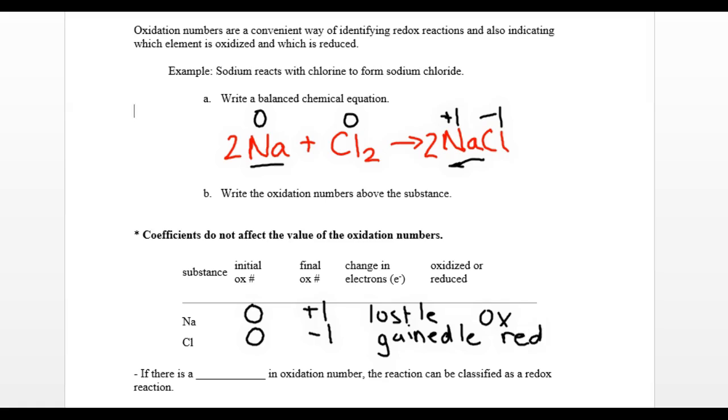To identify if a chemical reaction is a redox reaction or not, we need to first write out the oxidation numbers for each substance in the balanced chemical equation. If there is a change in oxidation number between what you start with here and what you end off with on the right-hand side, then we classify that as a redox reaction.